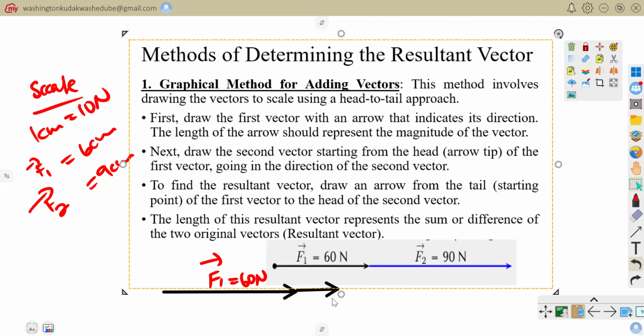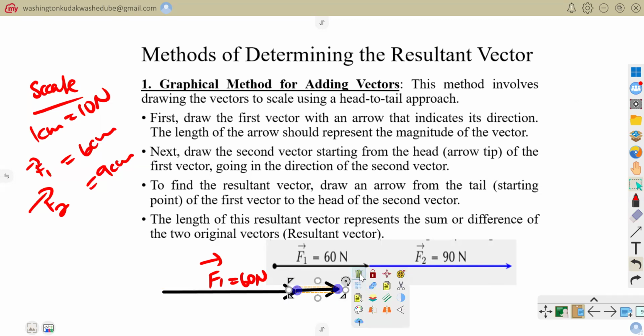On that arrowhead, I need to draw my line also, which has to be 9 centimeters.